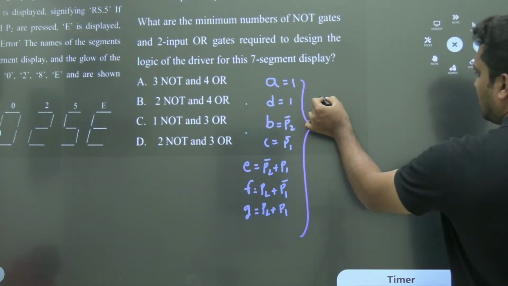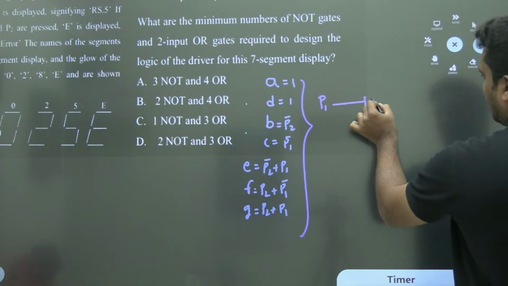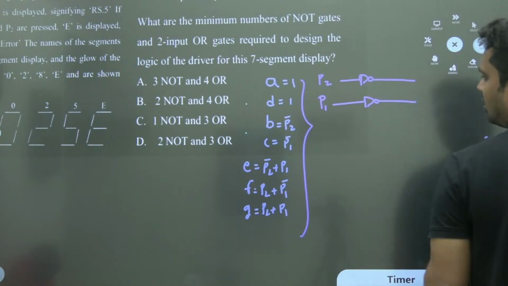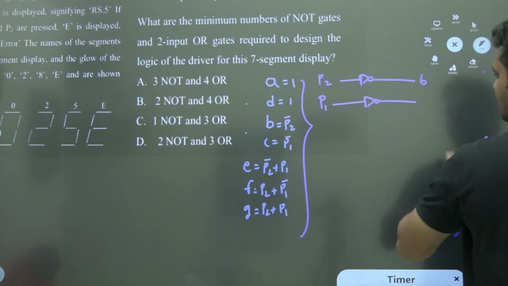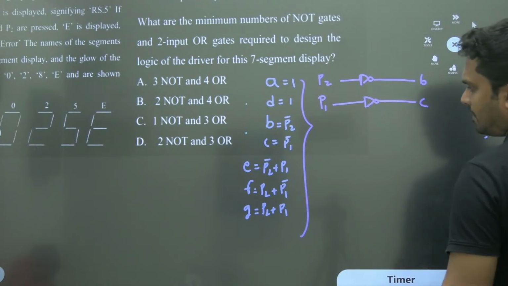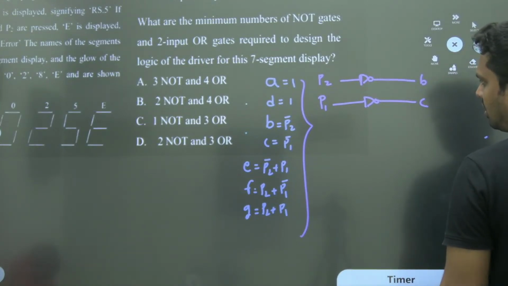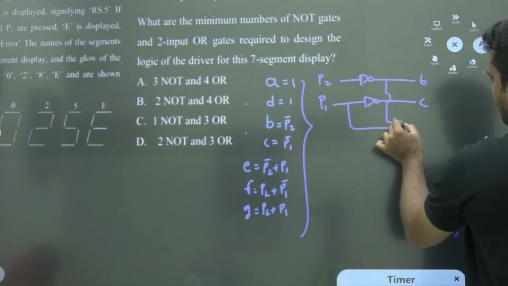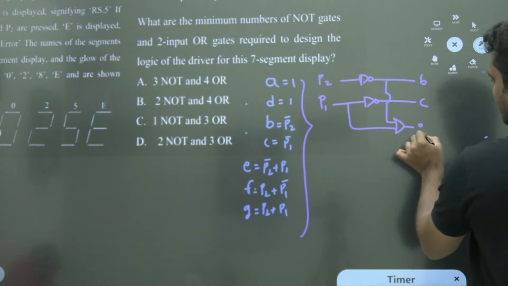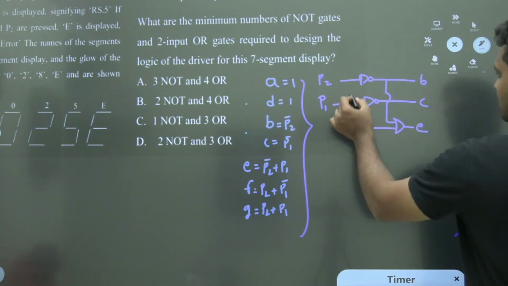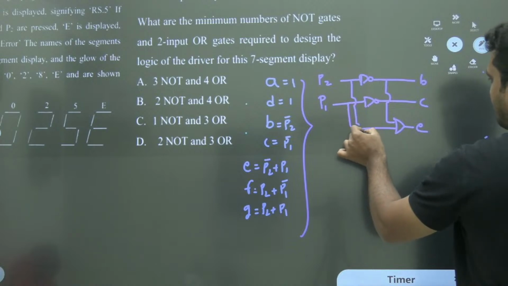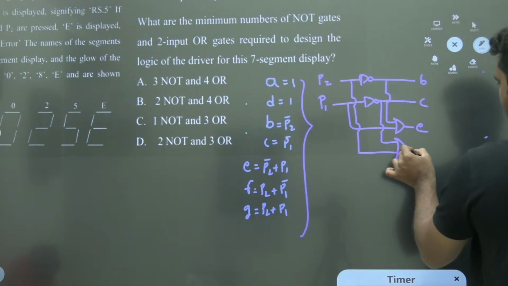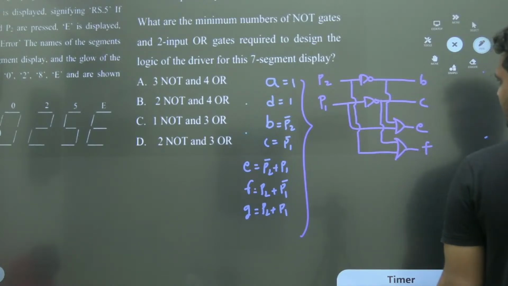So if you take P1 and invert, P2 and invert. So P2 bar is B, P1 bar is C. Then P2 bar plus P1, E. P2 plus P1 bar, F. Okay.